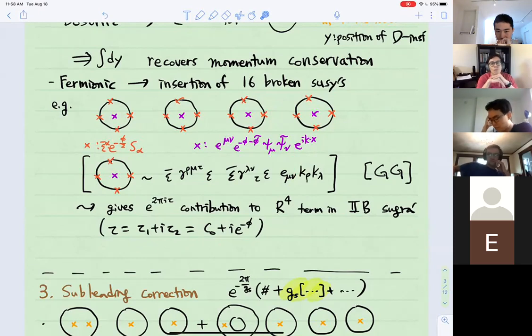Which means that you can actually compute this also using type IIB supergravity, and that's also what Green and Gutperle did in their paper. So, precisely speaking, all they did was really to fix the overall normalization for this single instanton contribution, which worldsheet theory doesn't know how to fix, but they basically go and fix it.